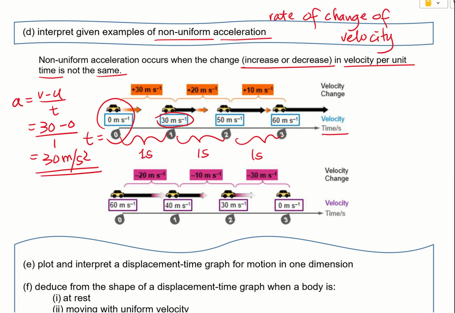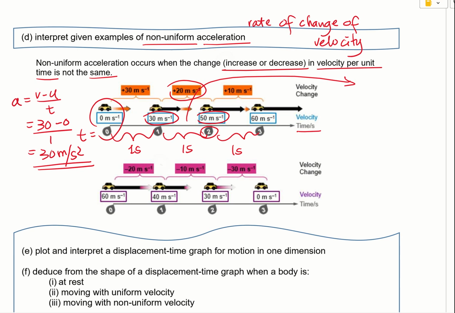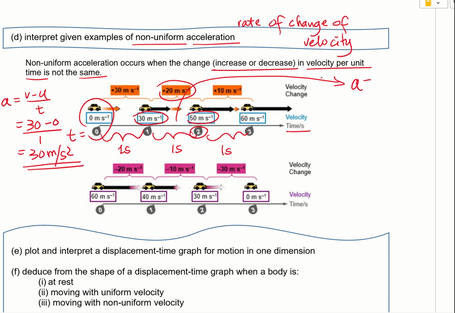Okay, but let's continue. After 1 more second, from the first second to the second second, we check that the car's velocity is actually now only 50 meter per second. That means there is only an increase of velocity of 20 meter per second. So if I were to calculate the acceleration from the first to the second second, I'll use the formula a equals v minus u over t again.